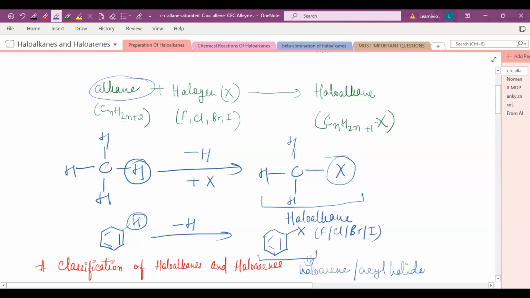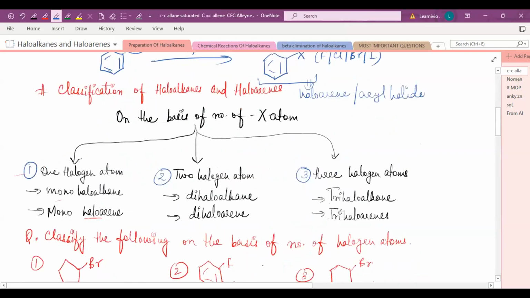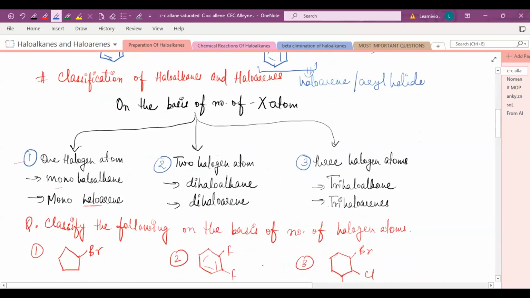So when a halogen group is attached to the benzene ring, the aromatic ring, it is known as haloarene or aryl halide. Clear? Yes, ma'am.